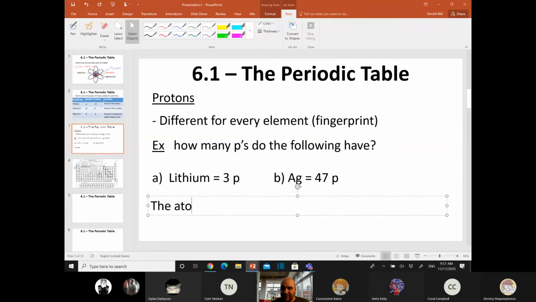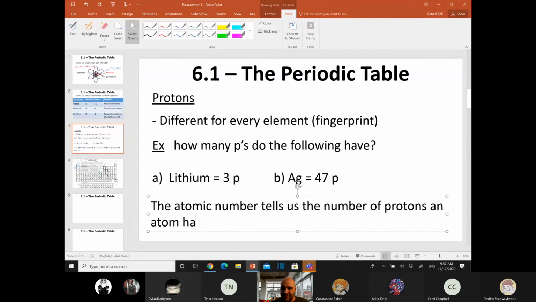So the atomic number tells us the number of protons an atom has. I'm going to underline the term atomic number here. It's super important to us. And as I said earlier, our periodic table is organized by atomic number.